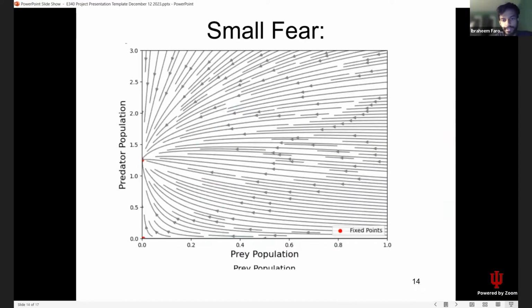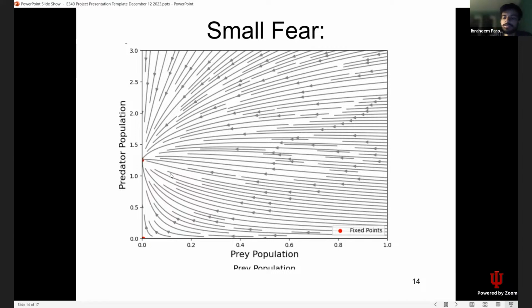So here we can do a little phase plot of a scenario with low fear. If there's low fear, in this specific scenario, we get the prey population going to 0 and the predator population stabilizing.